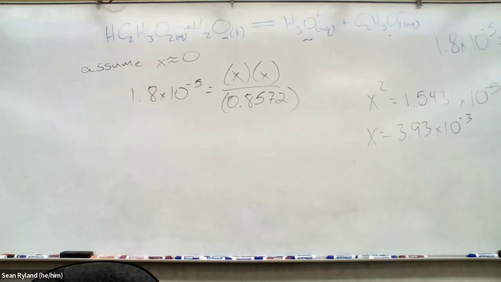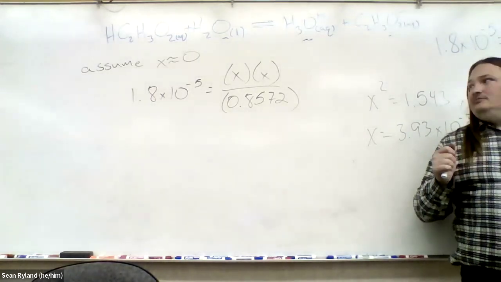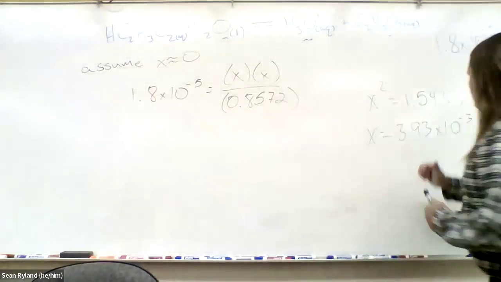Seems reasonable. X is a small value. We expected X to be small. How many sig figs do we get to keep now? Yeah. Just the 2.